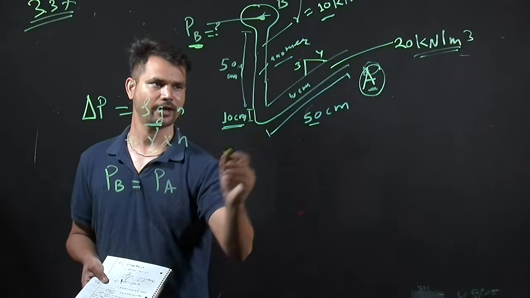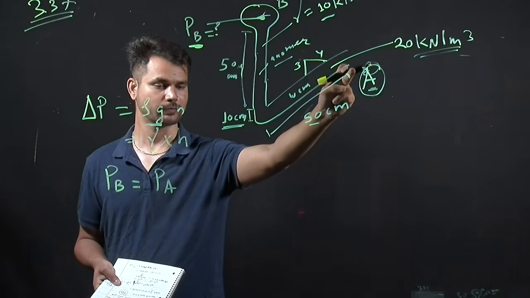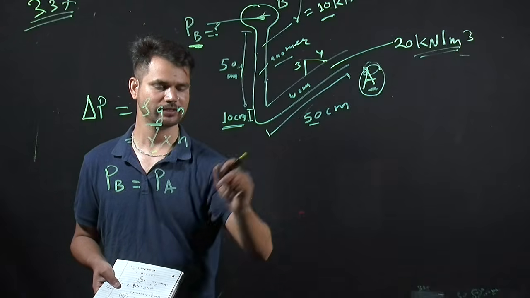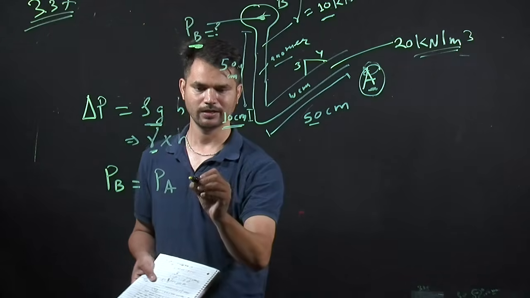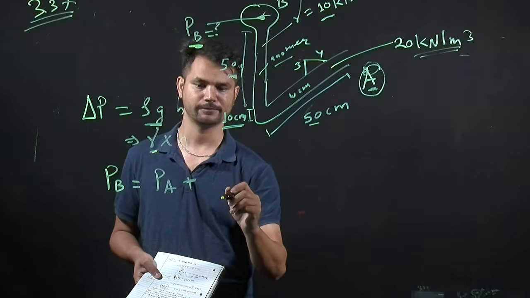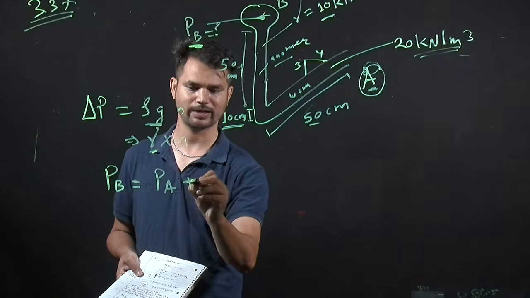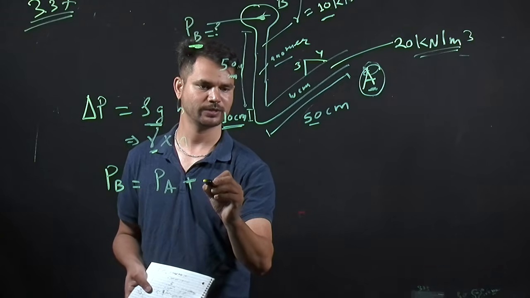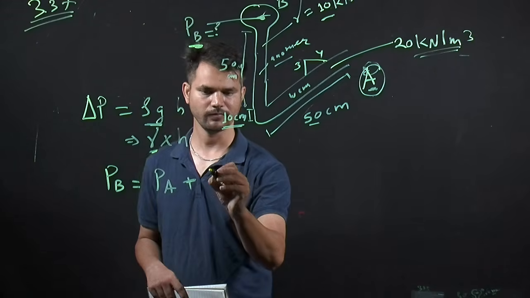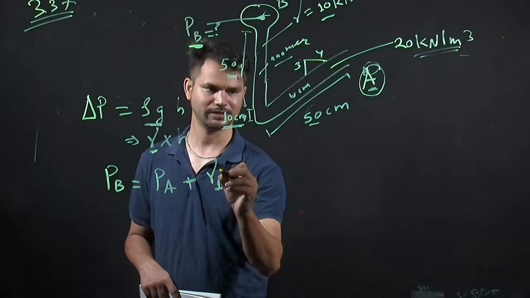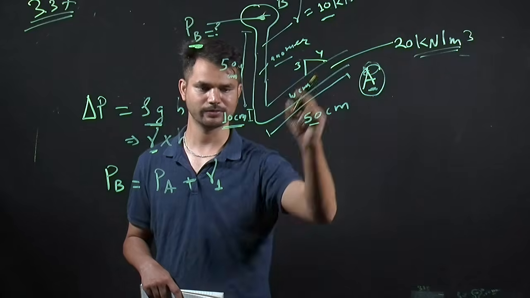When we come down from pressure A to this point, the pressure will increase, so we will add that term. That is equal to specific weight; let us consider this as gamma 1.